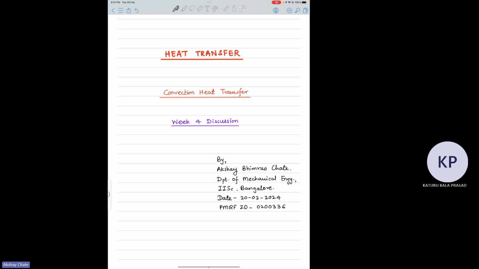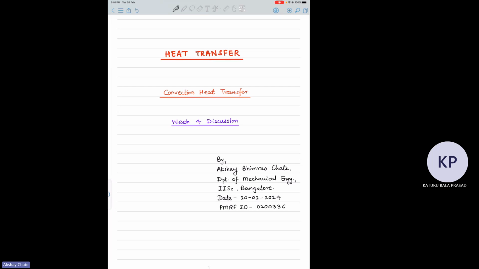So basically, today, this is just an introductory week for convection problems or various aspects related to convection problems.